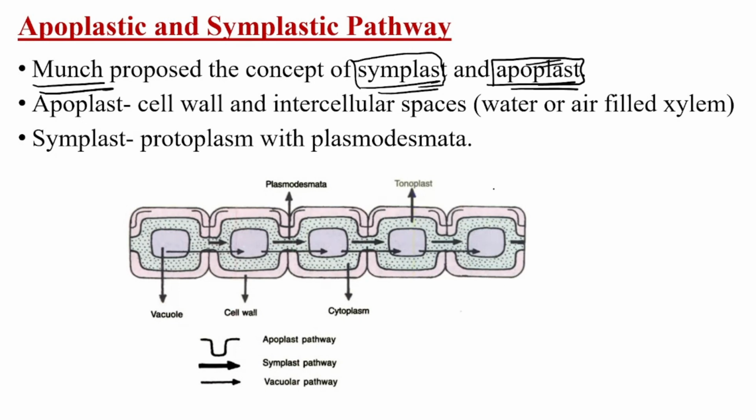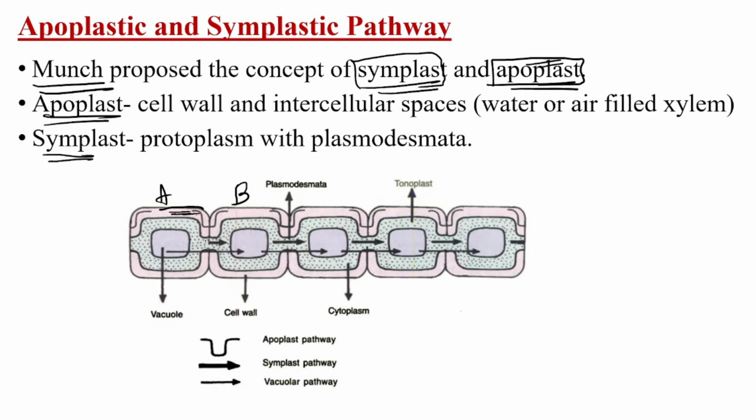Apoplast means cell wall and the intercellular spaces. Consider these two cells. Any plant cell always has a cell wall surrounding it and a plasma membrane, and space between the plasma membrane and the cell wall is the intercellular space. So the cell wall along with the intercellular space constitutes apoplast, the non-living part, and the cytoplasm is the symplast.